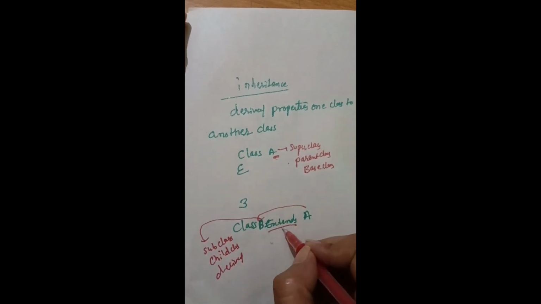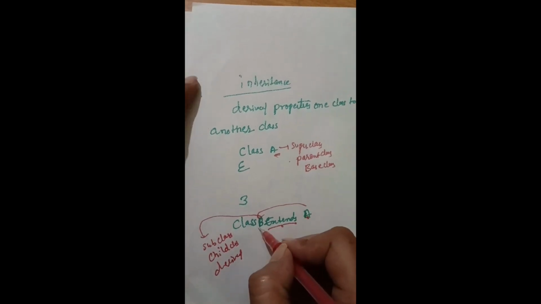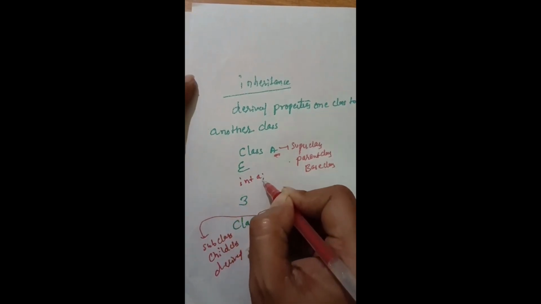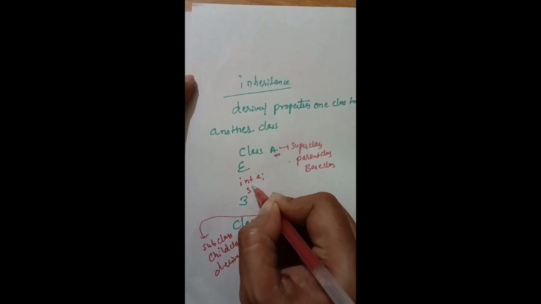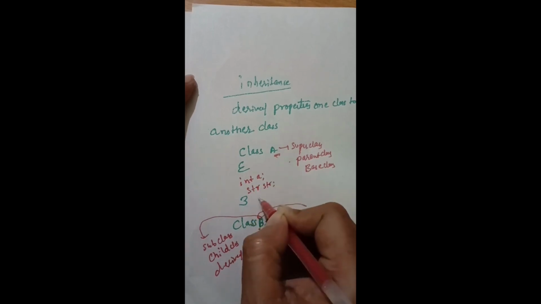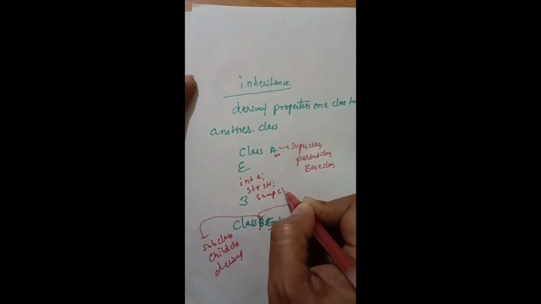Using the extends keyword, whatever properties are in A belong to B. Suppose A contains an int a, a string variable str, and a sample method.